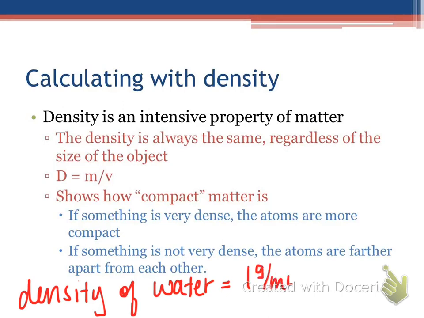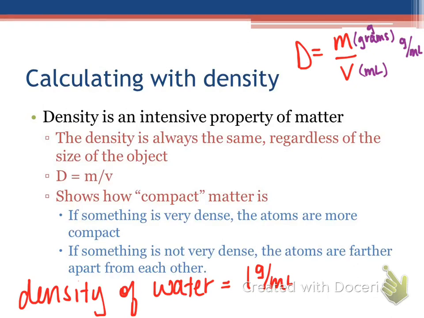If I know the equation for density equals mass divided by volume, mass is usually measured in grams, and volume is usually measured in milliliters. Grams is a little g. So the units for density are usually grams per milliliter.